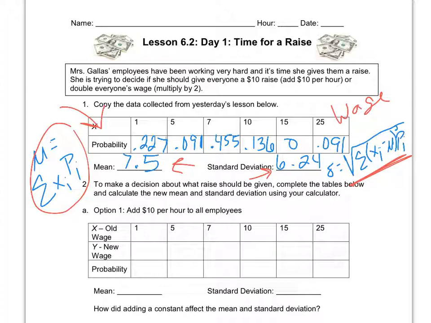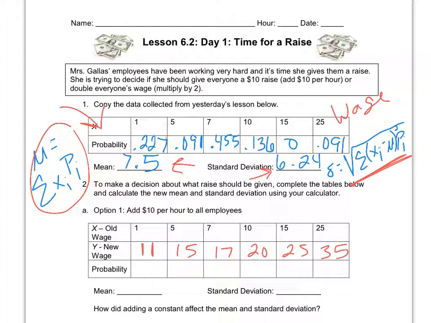So we're going to complete a couple of tables here to help us decide what she's going to do about that. We're going to add $10 per hour for all employees. So this person would then earn $11. This person would earn $15, $17, $20, $25, and $35.